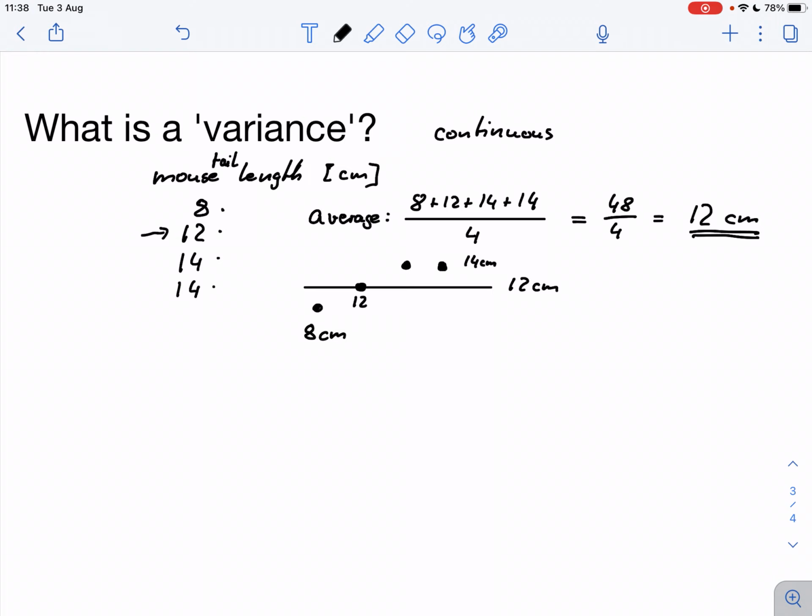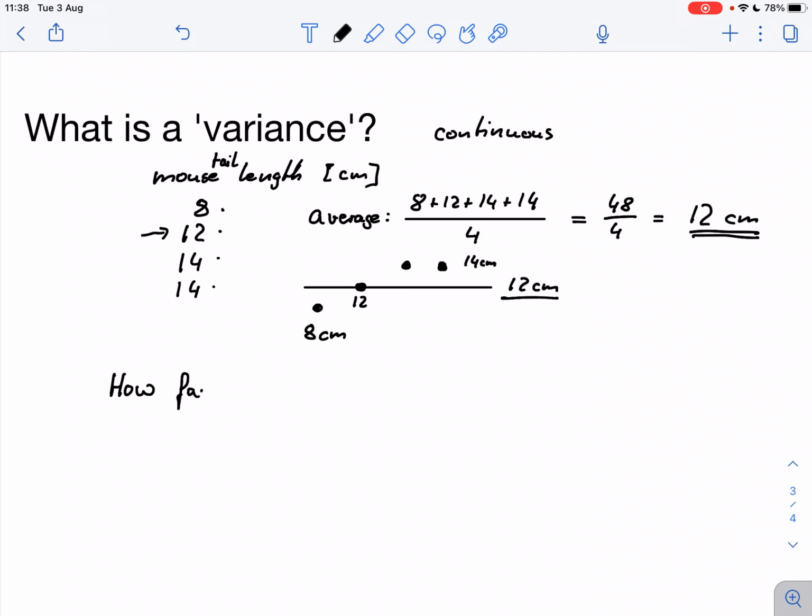And what we can do now is we can say, okay, we just simply measure how far away on average the tails are from the average again. How far away are our measurements from the average? So let's write that down.